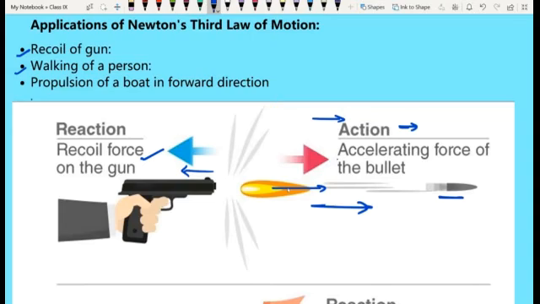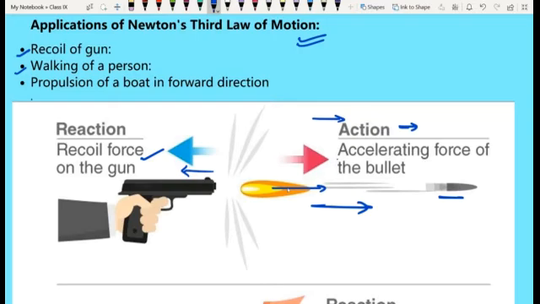Remember always, Newton's third law of motion is applicable on different objects. Action will be on one object, reaction will be on a different object, but the timing will be the same. As soon as there is an action, there will be a reaction. So you remember these points. The force of acceleration of the bullet will be equal to the force on the gun, obviously.